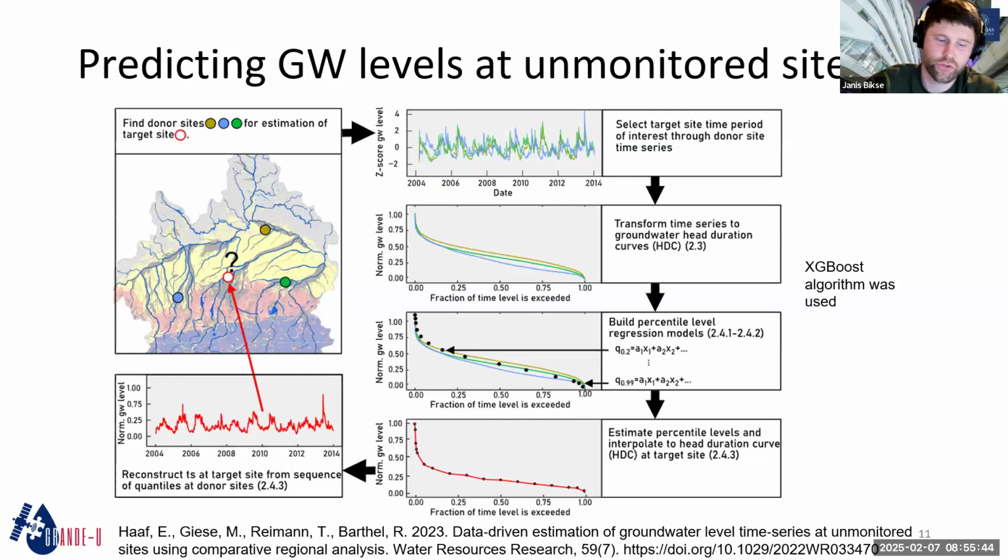You can also use machine learning tools to predict groundwater levels at unmonitored sites, and that's quite an interesting way to do it. For example, in this paper by Ezra Hoff, they developed a strategy where you select candidate, or donor, sites or donor wells, which are located in similar geological, hydrological, and other settings as the target site, the point you are trying to model.